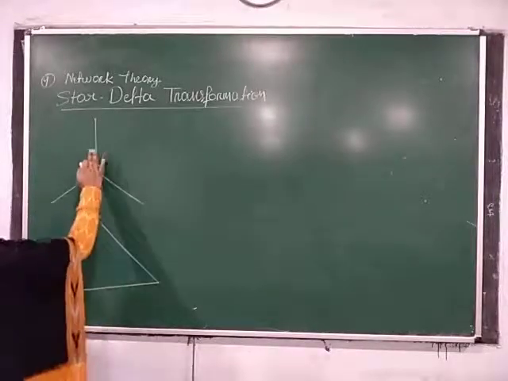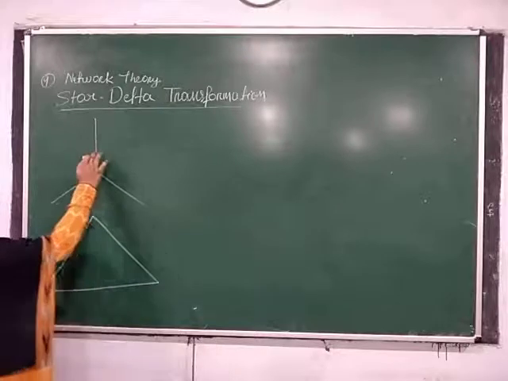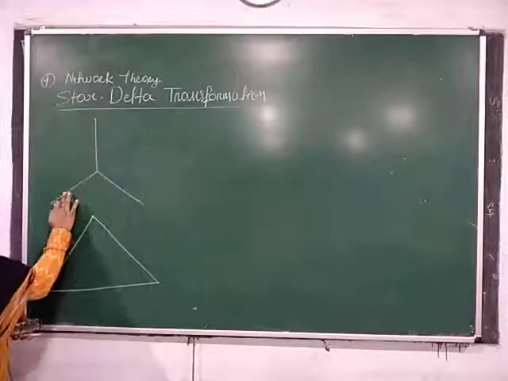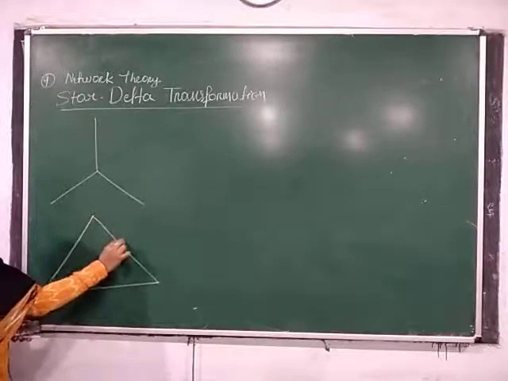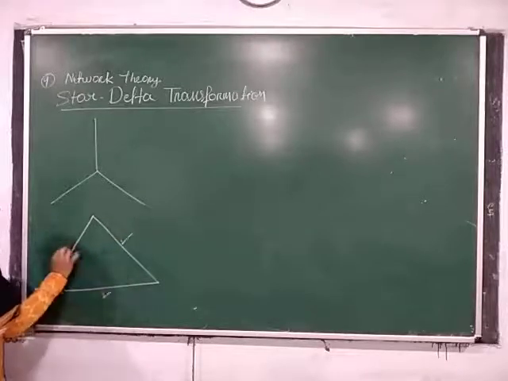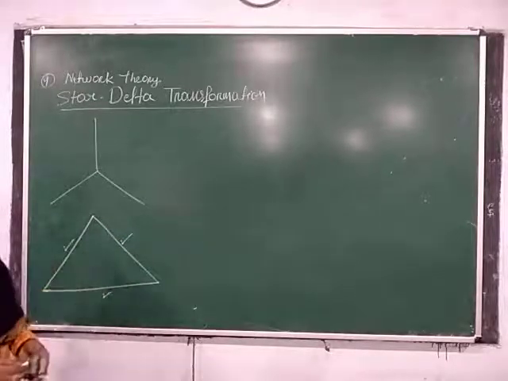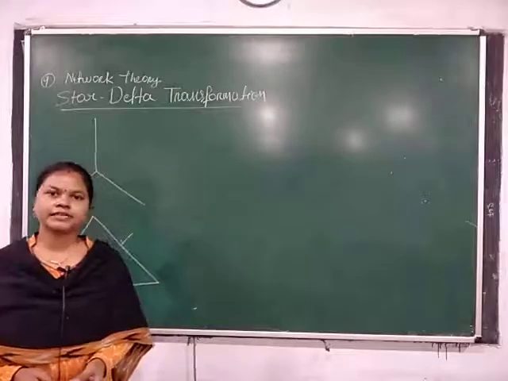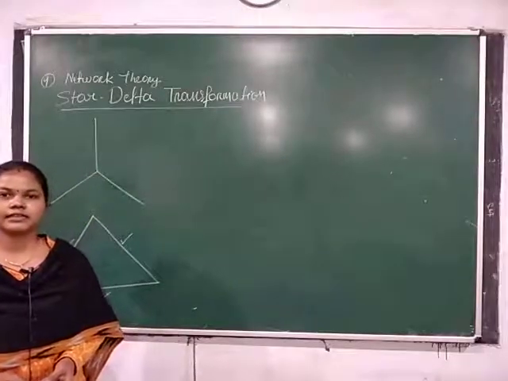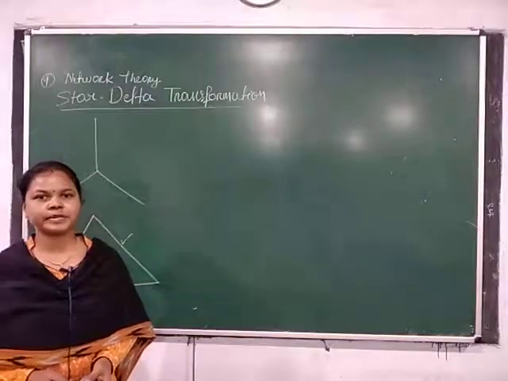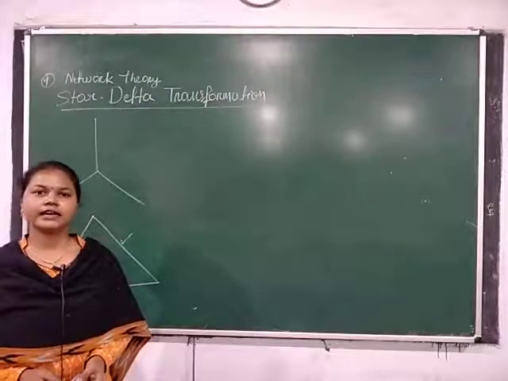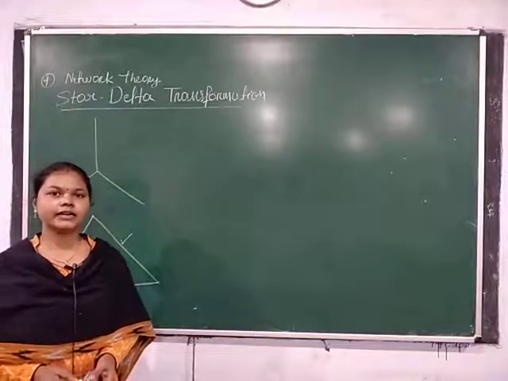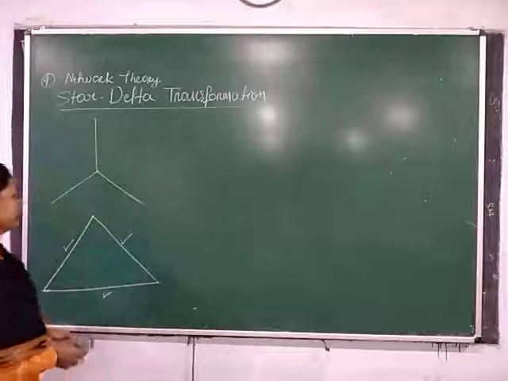These three branches, in star connection and in delta connection, may consist of basic elements like resistor, inductor, capacitor. Here I take the element as a resistor.